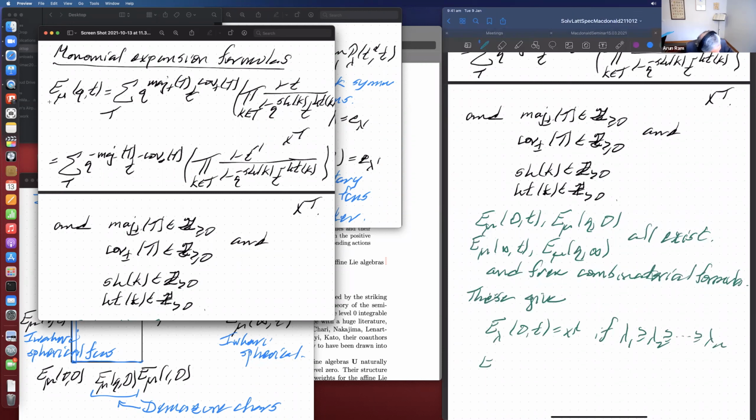And they give you that E lambda infinity t is equal to x to the lambda if lambda is anti-dominant.